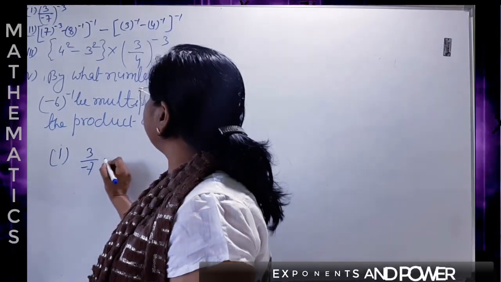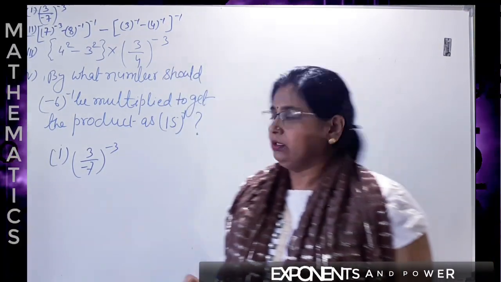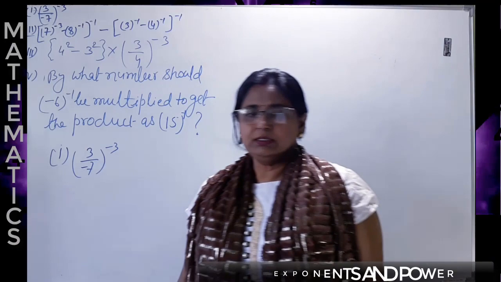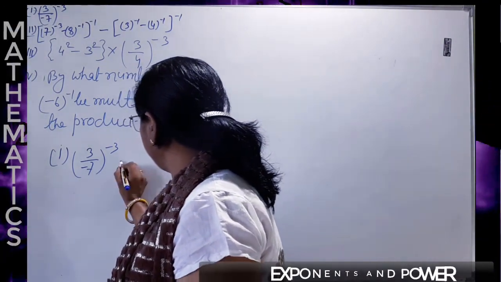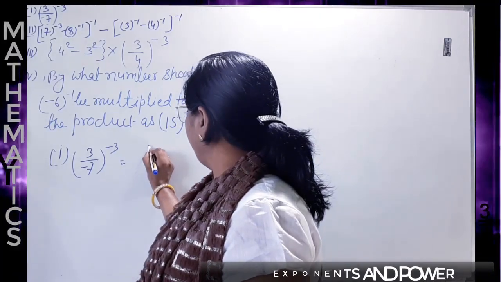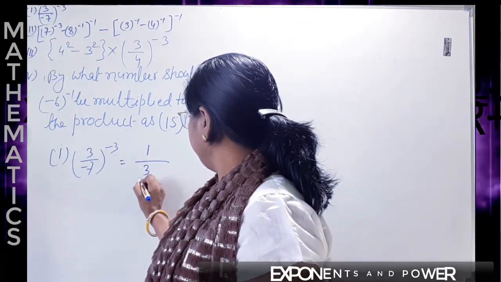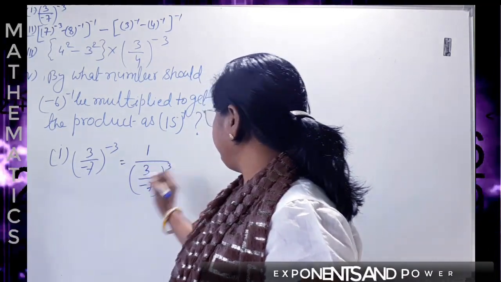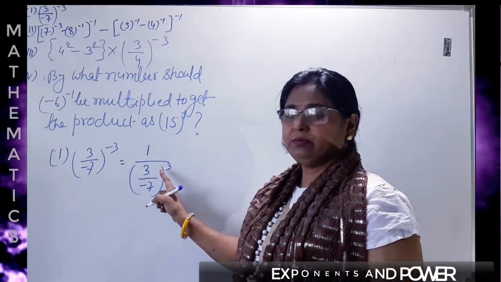(3 by minus 7) whole to the power minus 3 is equal to, as there is minus, 1 by (3 by minus 7) whole to the power 3, and coming down it is positive.